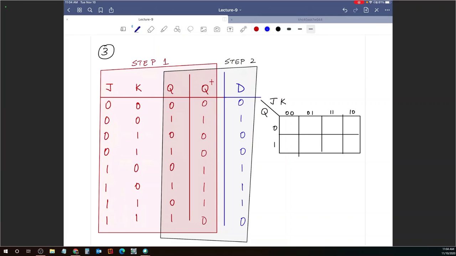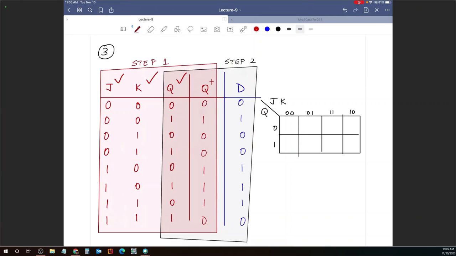Now, because I am given a D flip-flop and I desire a JK flip-flop, I need to figure out what to provide as an input to the D flip-flop. That's the given flip-flop in terms of J and K. So I'm going to consider these particular columns: J, K, and Q. What are the inputs J and K and the previous output Q?